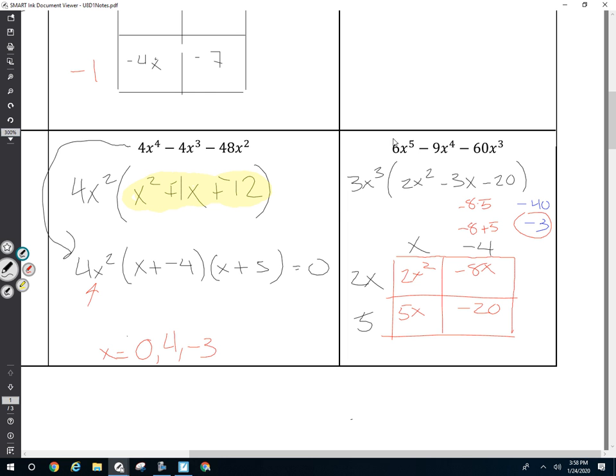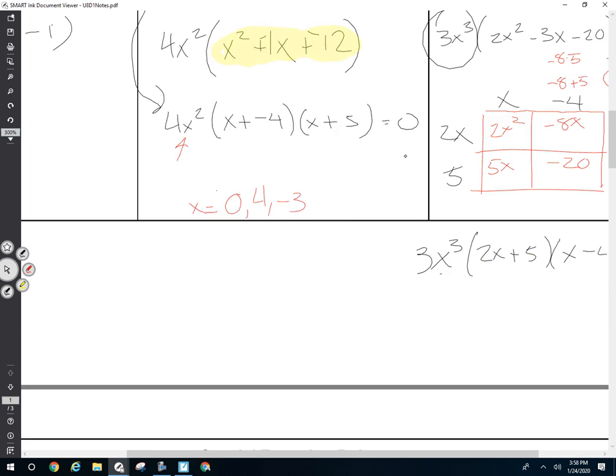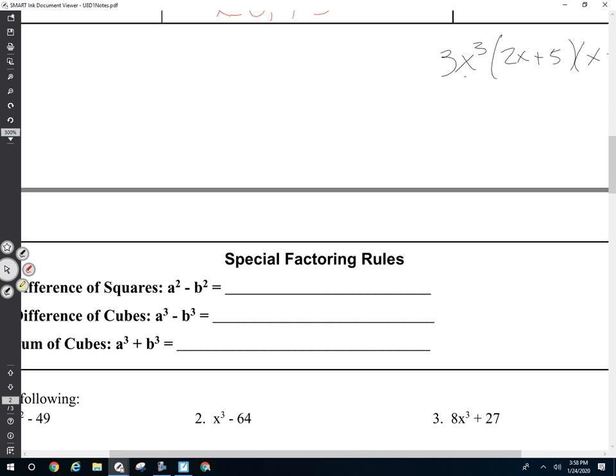So we already had the 3x cubed out, but now we can turn the rest into 2x plus 5 times x minus 4. This is an equation that you could solve without a calculator set equal to 0. It helps you find your imaginary solutions, your real solutions, all that good stuff. Okay? Let's please go to the next page where we'll learn some special factoring rules.